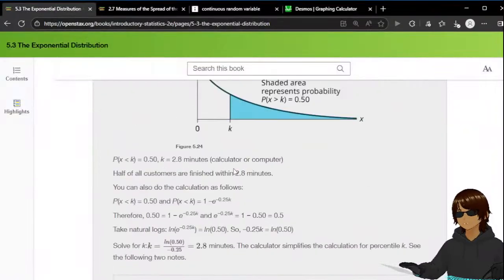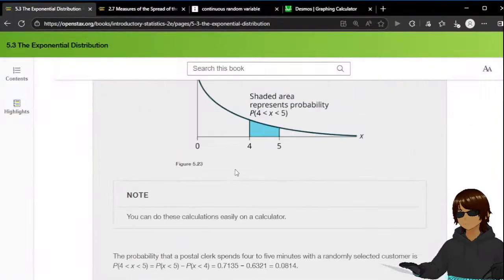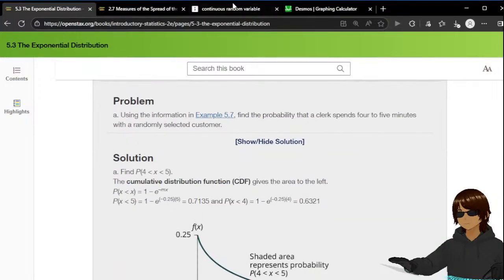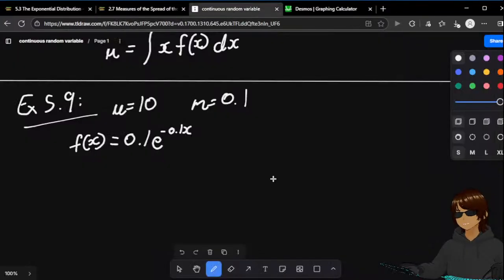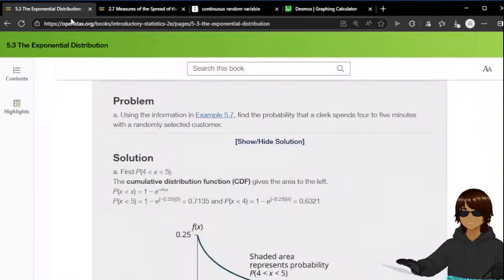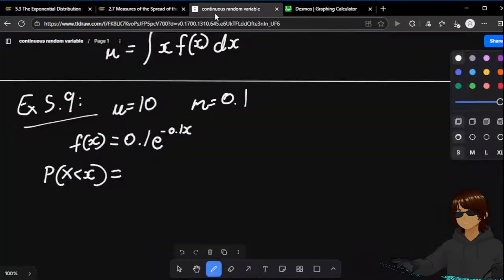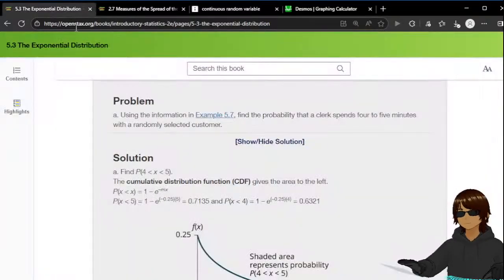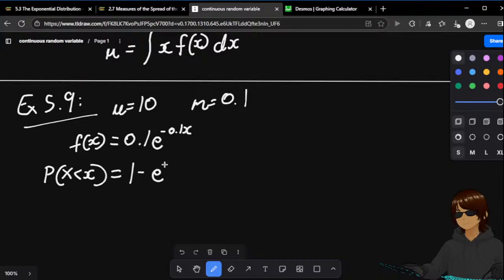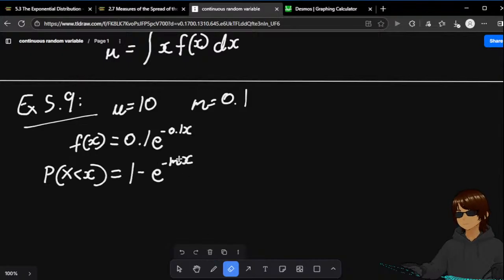The cumulative distribution formula, CDF, is 1 minus e to the power of minus mx. And let's just write 0.1.